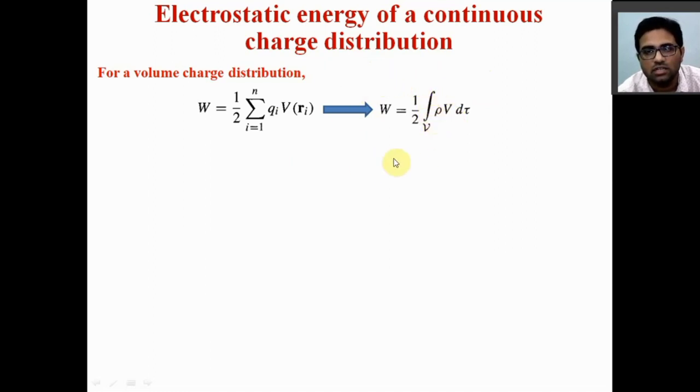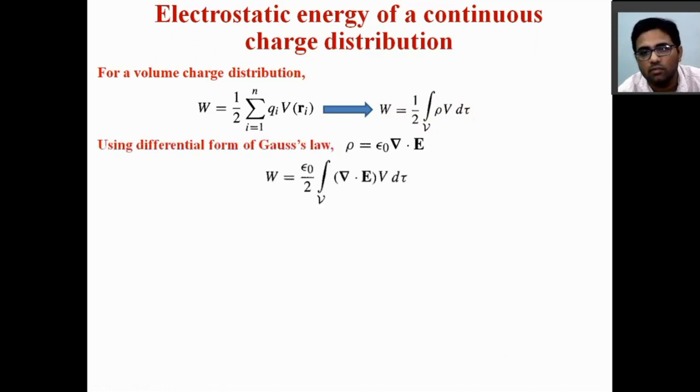For line charge, this integral will be lambda V dl, where lambda is the charge per unit length. For surface charge, this form will be sigma V dA, where sigma is the surface charge density. Now using the differential form of Gauss's law, we get this form.